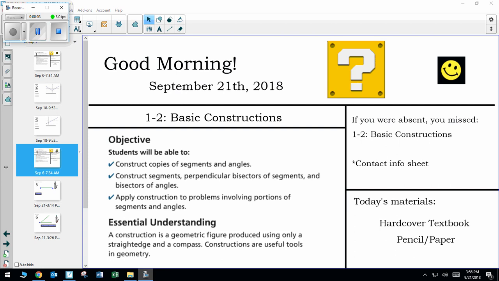Good afternoon. Today's video is going to finish looking at Chapter 1, Topic 2, in which we look at some more basic instructions. The first video of this topic looked at constructing a copy of a given line segment and copying an angle. Today, we're going to look at creating bisectors, which are just line segments that cut something perfectly in half.